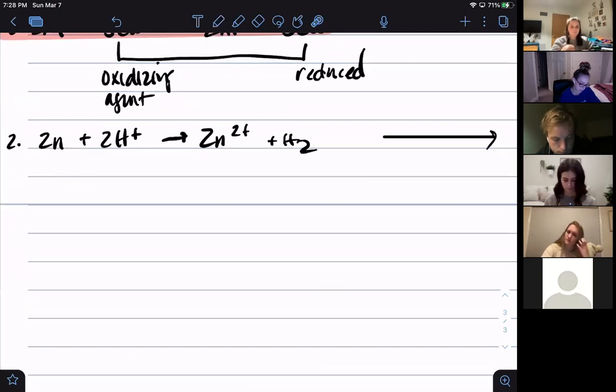So this zinc, all right, let's take a look at what happened to zinc. So zinc was neutral, and now all of a sudden he's got a 2+. So here he was neutral, or maybe he was negative. We don't know, because sometimes they don't throw those in there, okay? But 9 times out of 10, he was probably negative at some point, or had a higher positive. And now he's here.